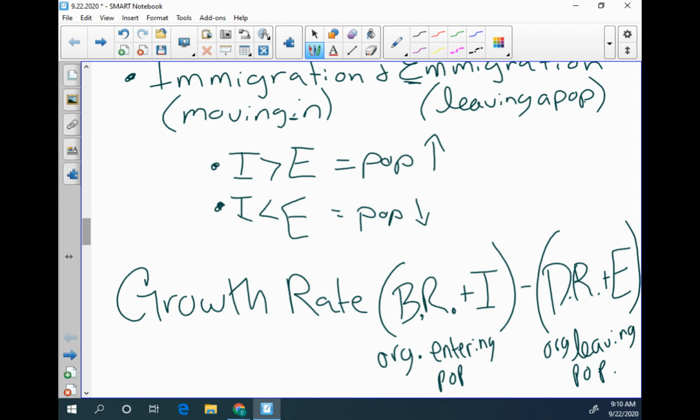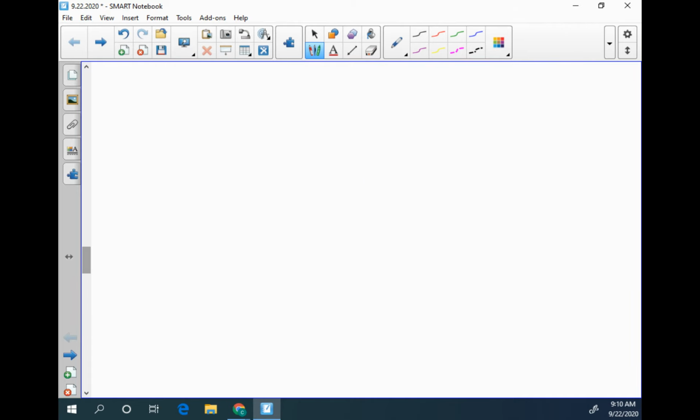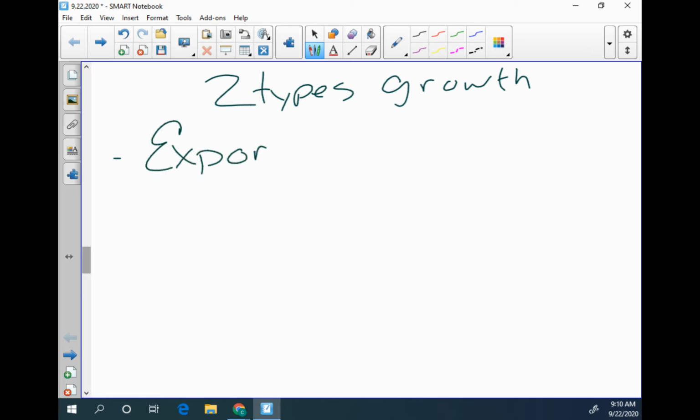Now, one last thing, there are two different types of growth. The first one is exponential growth.